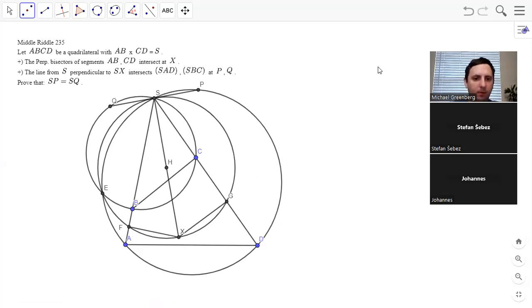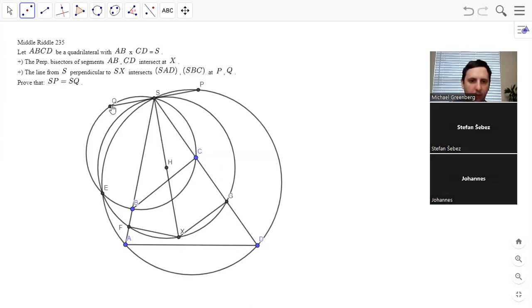Call it H. I wonder if we can somehow use the power ratio lemma.